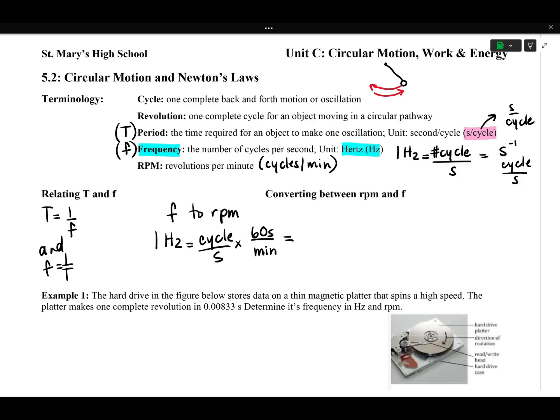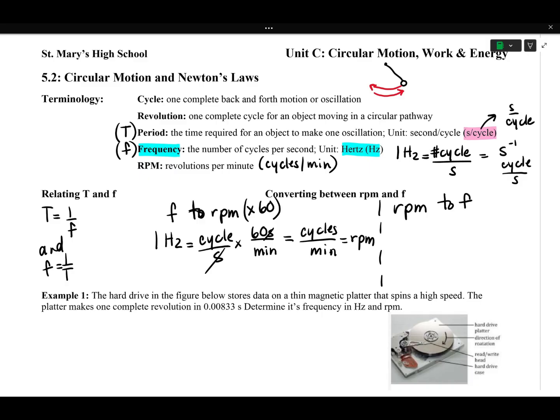The seconds cancel and we're left with cycles per minute, and this is equal to an RPM. You don't have to write that out every time. It's just to show you that if you want to go from frequency to RPMs, you always multiply frequency by 60.